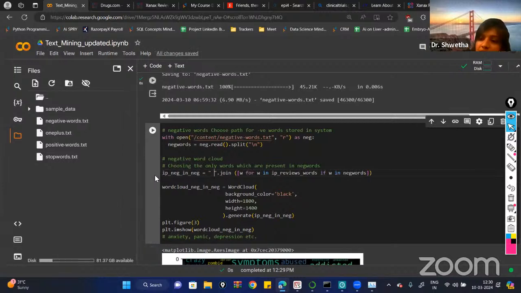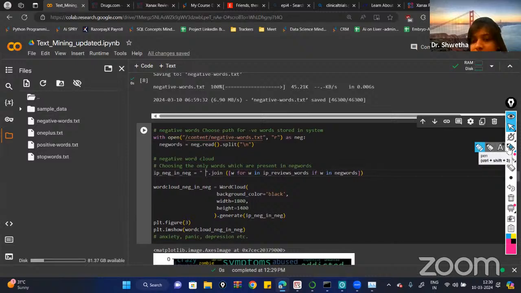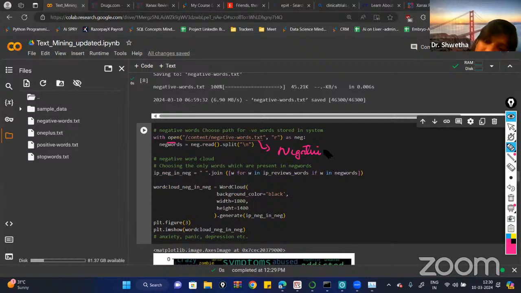Okay, with opening the negative word text file, reading this, r represents reading it as neg. So neg.read will read the file and split whenever there is a new line character. This will get stored in neg words.